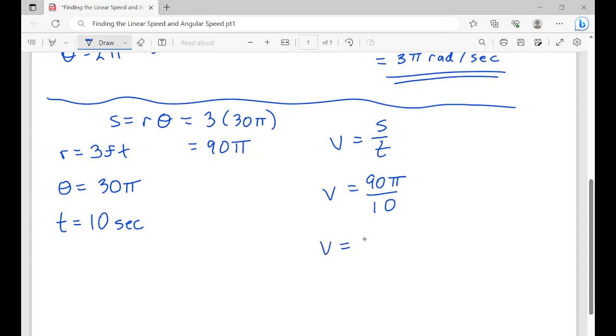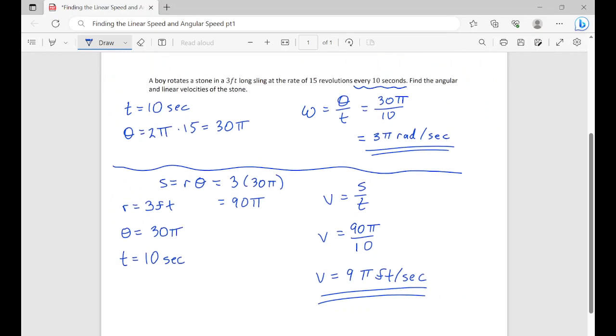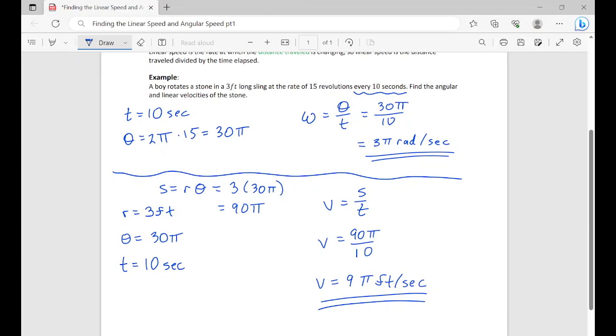Simplified down, it's just going to be 9 pi feet per second. So the linear speed of this boy throwing a rock out of a sling is 9 pi feet per second. So that is the angular and linear speed for this question.